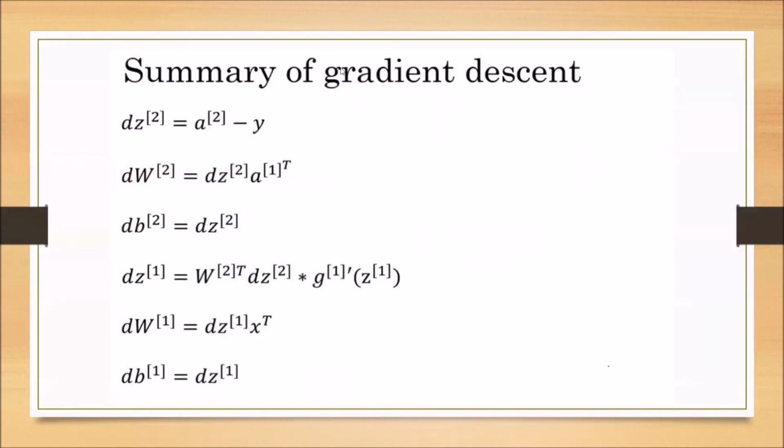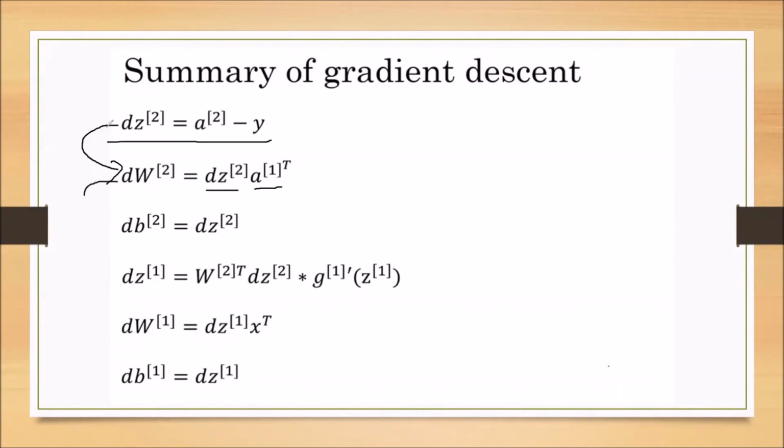So we are revising what we have done. First we calculated dz2, which is the change of the loss function or cost function with respect to z2. This is A minus Y. By using this, we calculate dw2, which is dz into x, where x is a1.